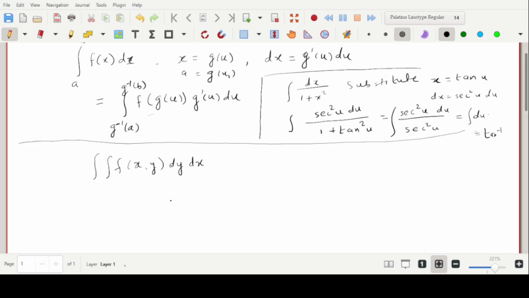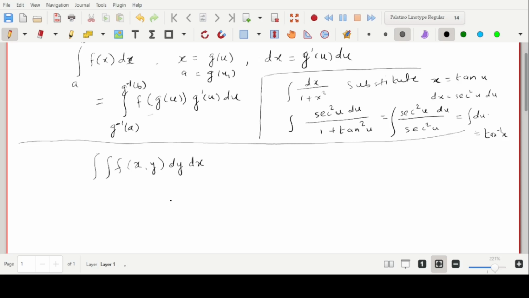That's how we come to the conclusion that the integral of dx over 1 plus x square is tan inverse of x, by substituting x as a function of u.